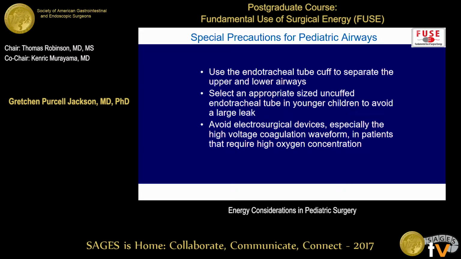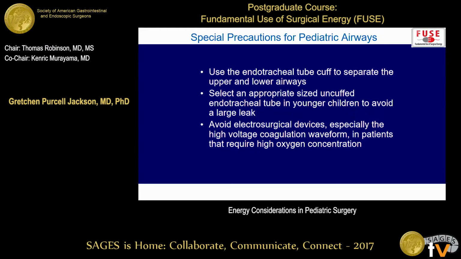In addition, you want to use the lowest oxygen concentration that you can use safely, but many people who are operating on both children and adults will have patients with comorbid pulmonary or cardiac conditions where you do need to use a high concentration of oxygen. In these cases, if you are operating in an airway, in the oropharynx, or even on a thyroid or the head and neck, you have to be very careful with those high concentrations of oxygen.